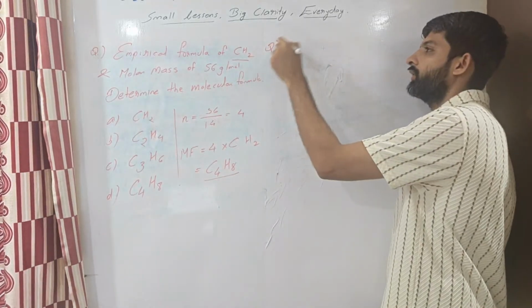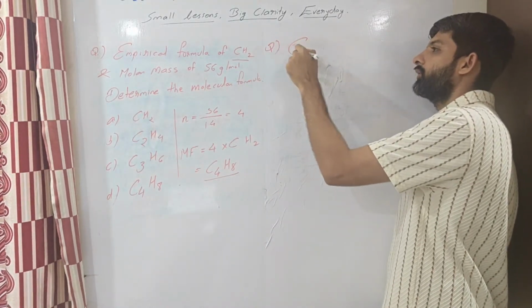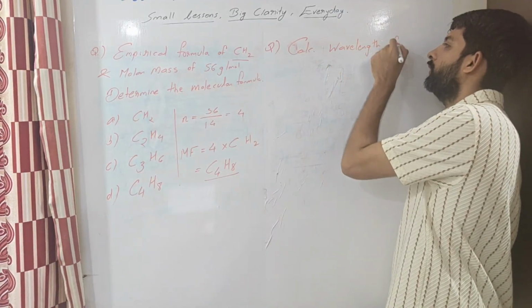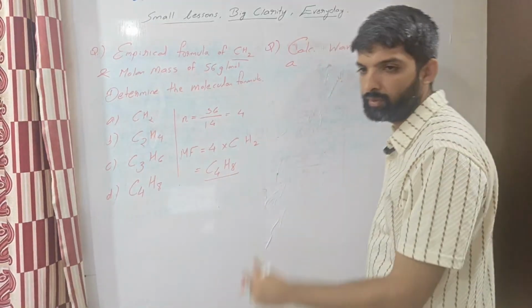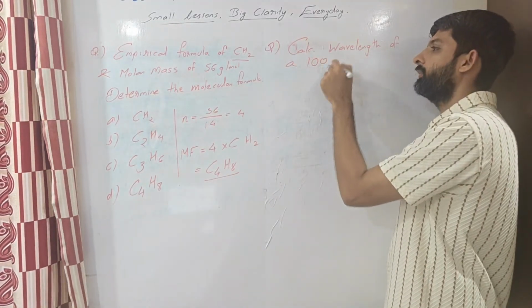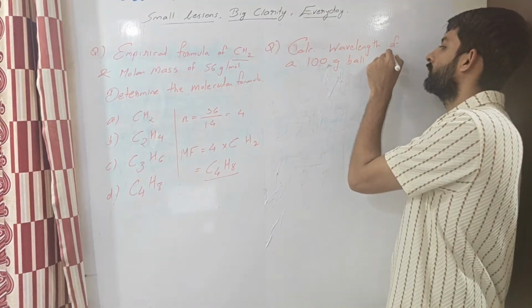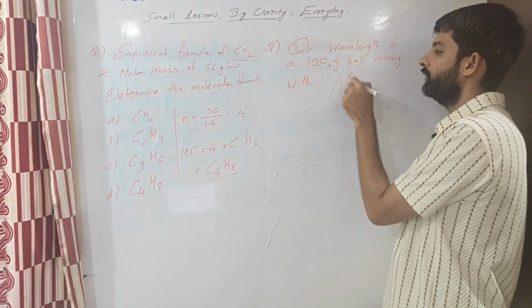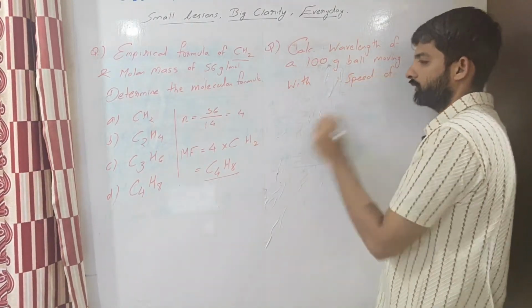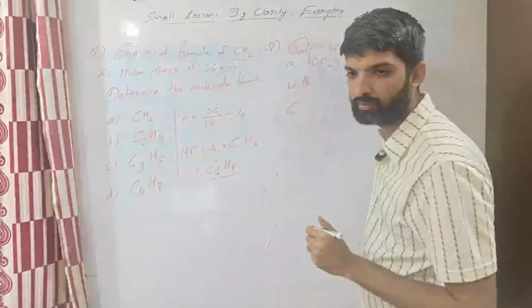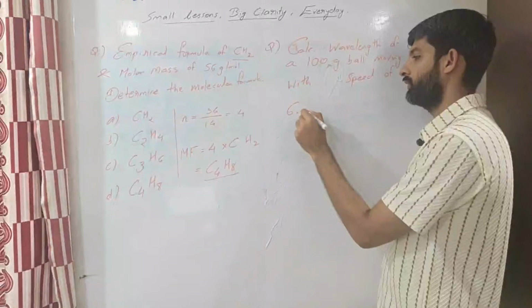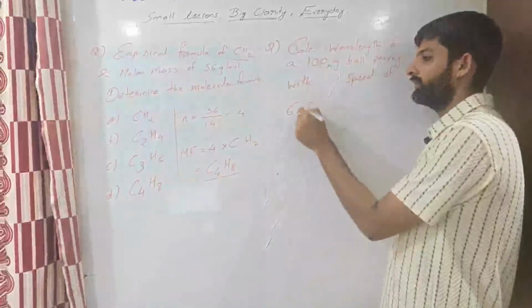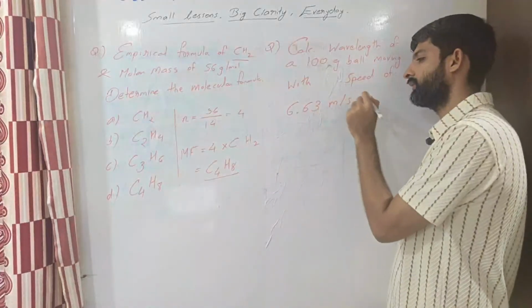Question: calculate the wavelength of a 100-gram ball moving with speed of 6.63 meter per second.